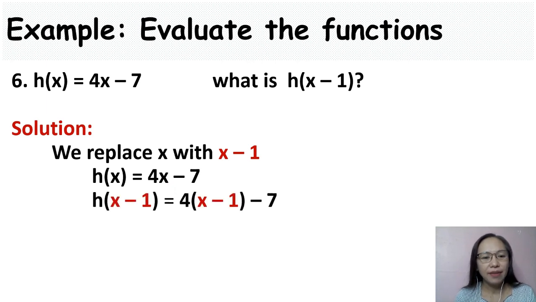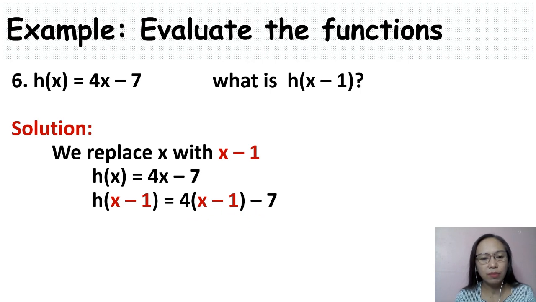Therefore, we have h of x minus 1 equals 4 times x minus 1, and then minus 7 we bring down there. So do not be confused, guys. Do not multiply this. This is a representation of the function, so we are not going to multiply this part. We just have to multiply the right side.